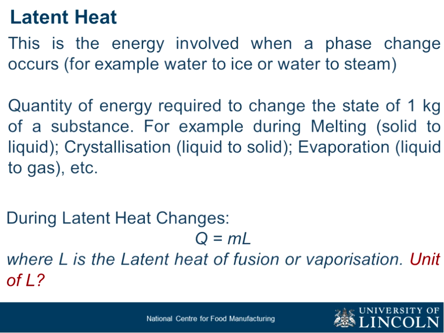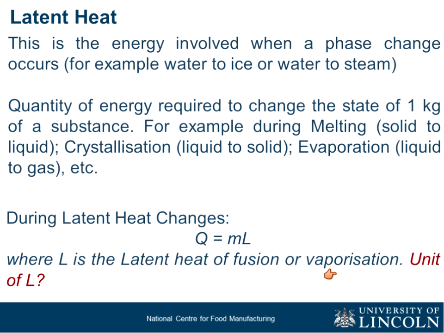Now, if it's latent, the formula you're going to use is Q equals mL, mass multiplied by the latent heat of vaporization or by the latent heat of fusion, depending on the change of state. If it is changing from solid to liquid, we talk about fusion. If it is changing from liquid to gas, we talk about vaporization. So take note of this formula.